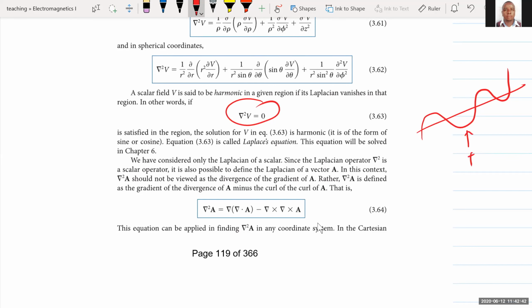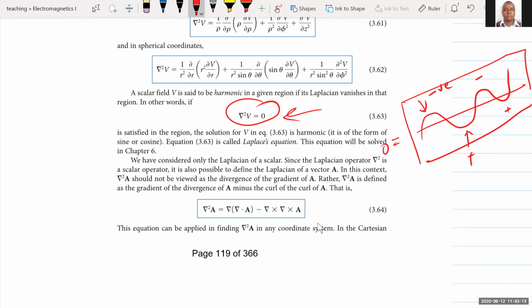This is the convex part, which is negative. If you have positive, negative, negative, positive, you add them up because it is a sum, you will end up with a 0. So it is very easy to remember that the Laplacian of a scalar field that is harmonic, such as sine or cosine, is 0.